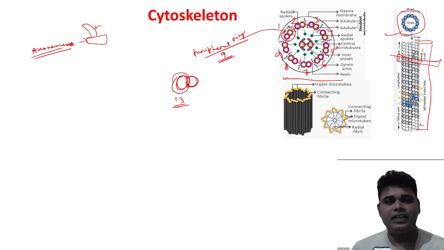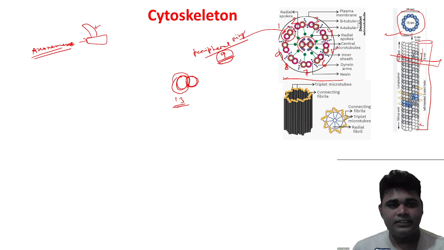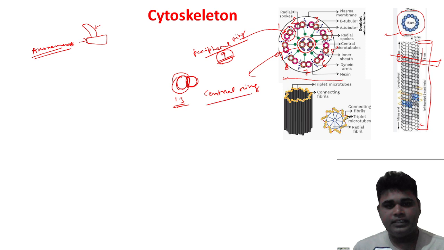So that means 9 microtubule structures are present in the periphery, and in the central region, this is the central region, or it is called the central ring, 2 structures are present, but here they are present in the doublet structure. This is the doublet structure.